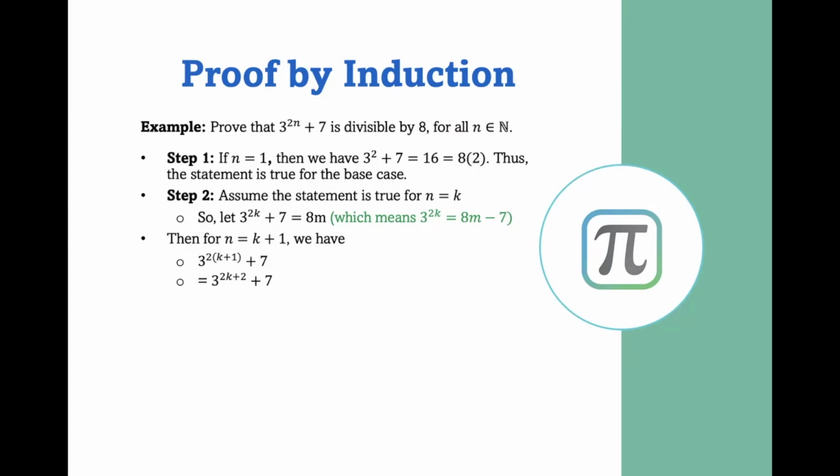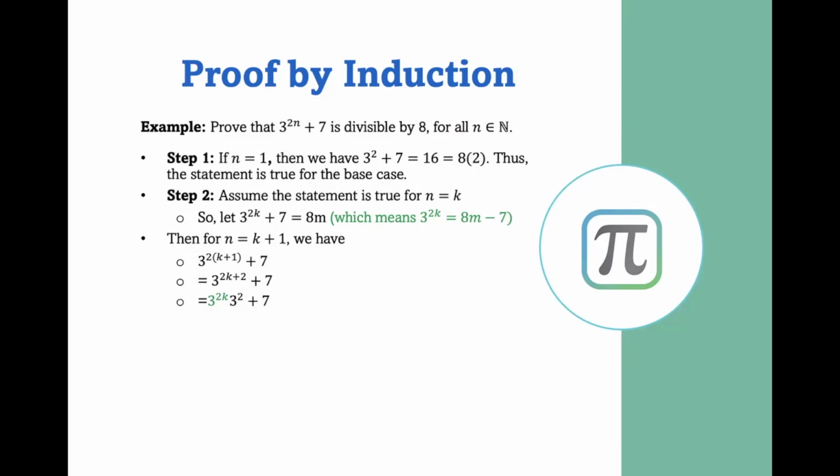And we can expand out of the bracket. And we know from the laws of indices that this can be rewritten as 3 to the power of 2k times 3 squared plus 7. You can see highlighted in green, this is the key point. We have managed to rearrange this expression so that we have a term 3 to the power of 2k.